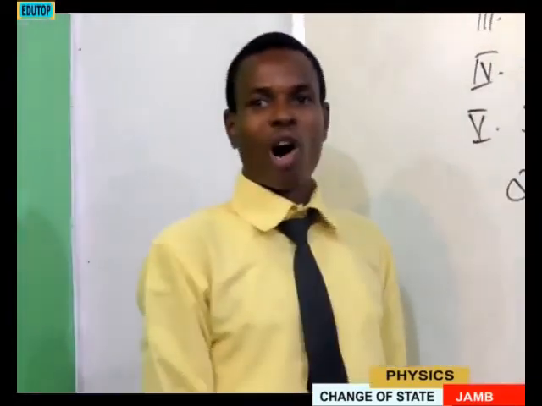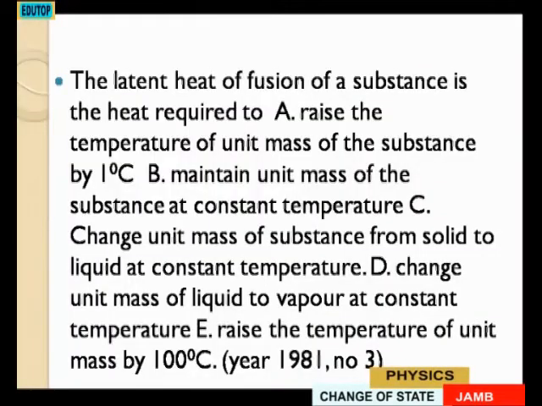Question number 4 says, the latent heat of fusion of a substance is the heat required to: A. raise the temperature of unit mass of the substance by 1 degree Celsius; B. maintain unit mass of the substance at constant temperature; C. change unit mass of substance from solid to liquid at constant temperature; D. change unit mass of liquid to vapor at constant temperature.